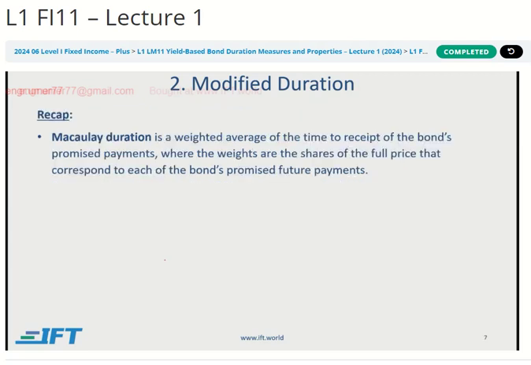Right, so just a recap from the last learning module: we talked about Macaulay duration, which is the weighted average time for you to get back your money. That is calculated with weights given to each of the years, so it's in number of years, how many years it's going to take you to get your money back.